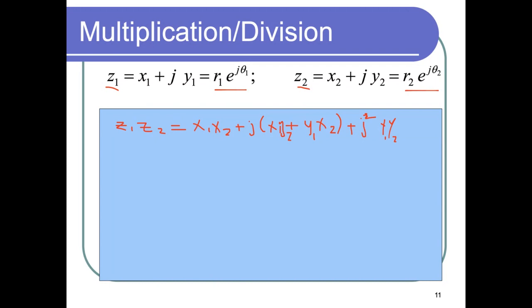This is simply minus 1. So essentially, we'll have just minus that.